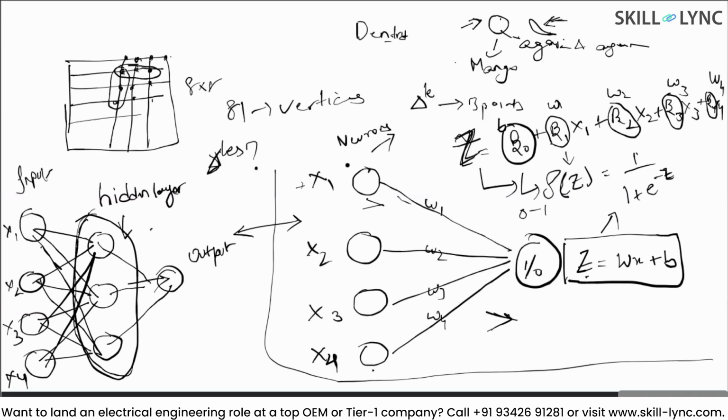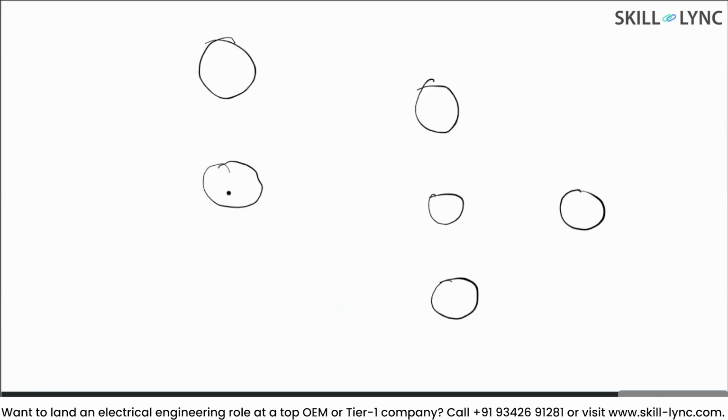Did you both understand this? I know it's quite complicated, but I'm just trying to give you some analogies based on this. One more thing: it's not necessary that the hidden layer should have fewer neurons in comparison to the number of input neurons. It can have an equal number also.